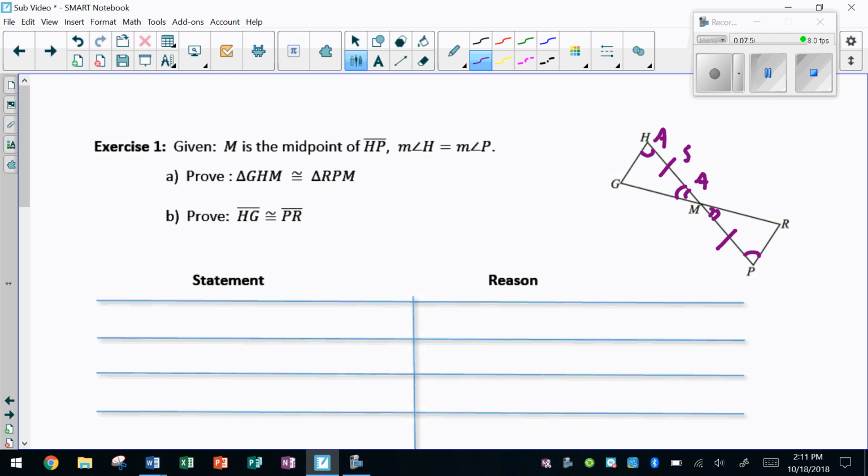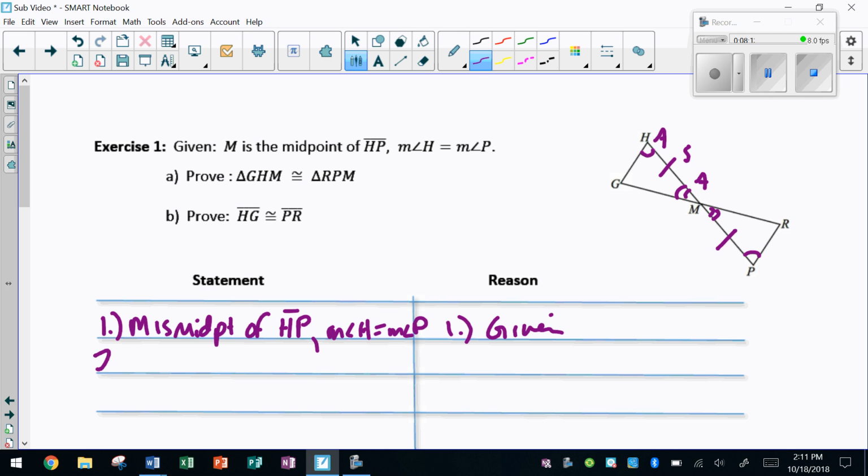So step 1 is to restate our given. So M is the midpoint of HP, and the measure of angle H is equal to the measure of angle P. That, of course, is given. I'm going to go ahead and get those segments. HM is equal to PM, or we could also say congruent if we were to put segment bars of the congruency.